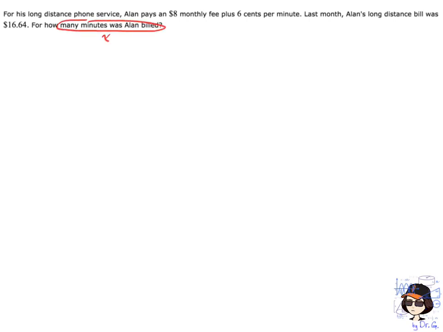So in this question, we're asked to find the number of minutes that he was billed for. So I'm going to use X, and I'm stating to my reader that X is going to equal the number of minutes that he talked. Okay? You could say the number of minutes that he was billed for. And you could say, let X represent the number of minutes that he was billed for.